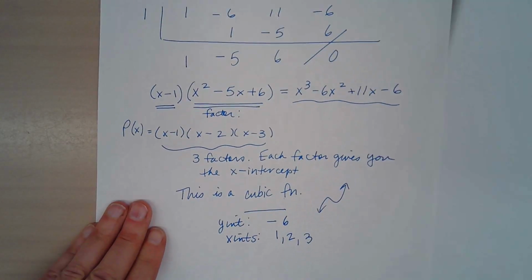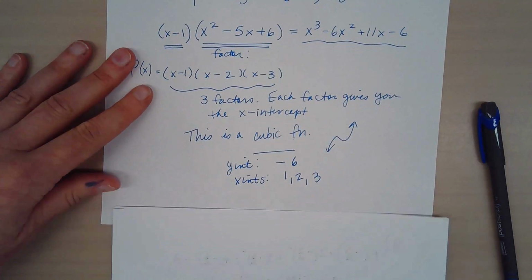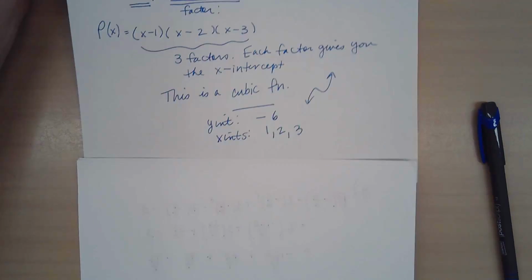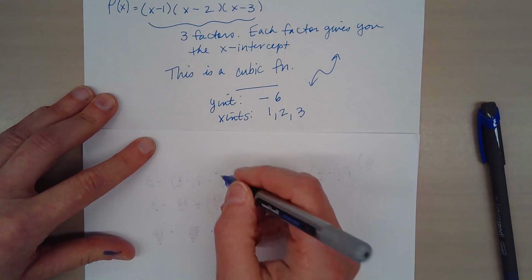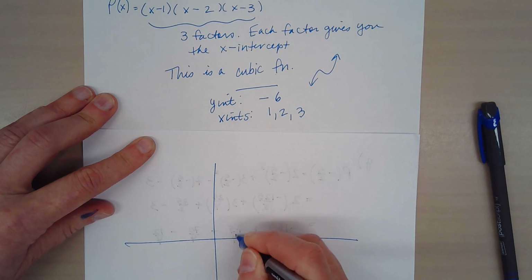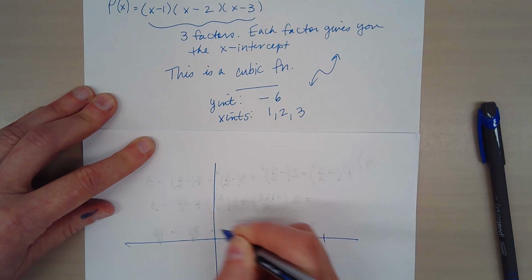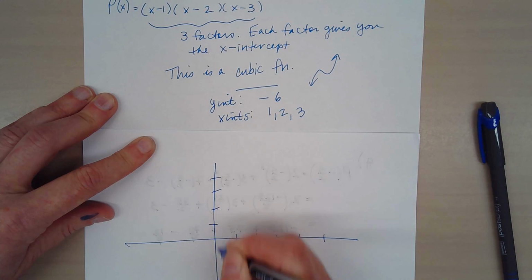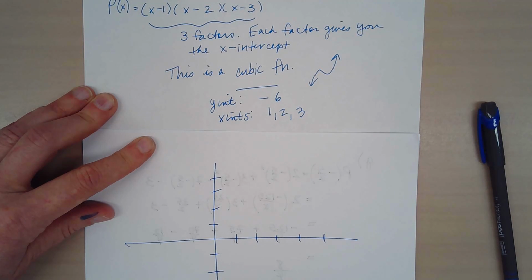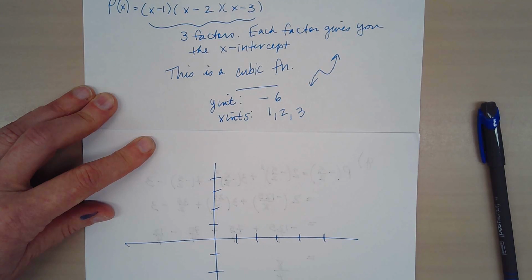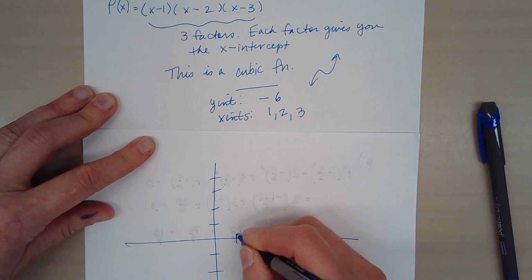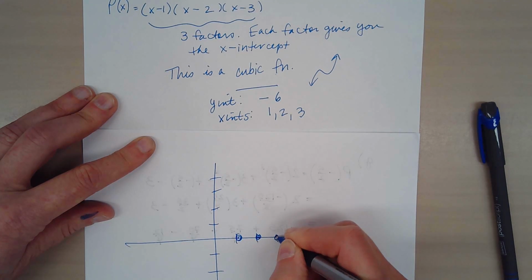Do we have enough info to make a real quick sketch? Not even with graph paper, I'm just going to do a real quick sketch. Okay, really raw. Y-intercept, minus 6. X-intercepts, 1, 2, 3.